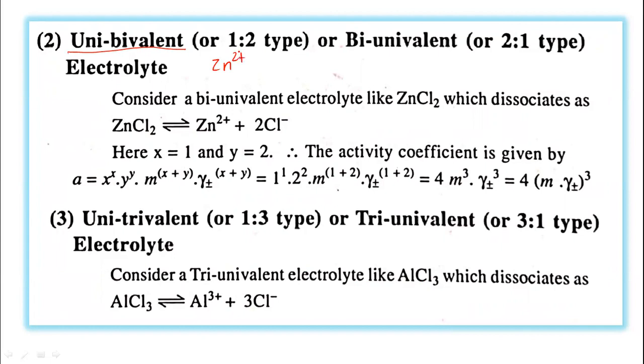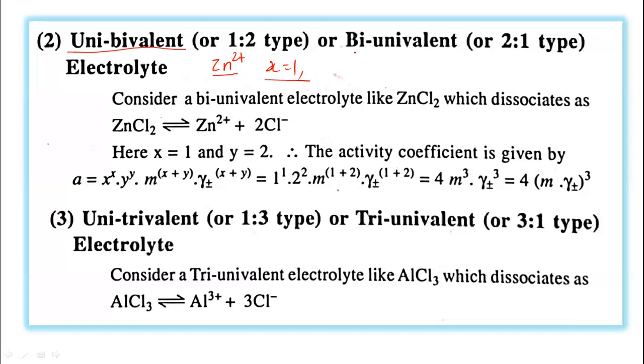The valency of the cation is 2, that is, it is bivalent, and the number of cations is equal to 1. So x is equal to 1 here, and the valency of the cation is 2. This type of electrolyte is also the 1s2 type, because the number of cations is 1 and the valency of the cation is 2.